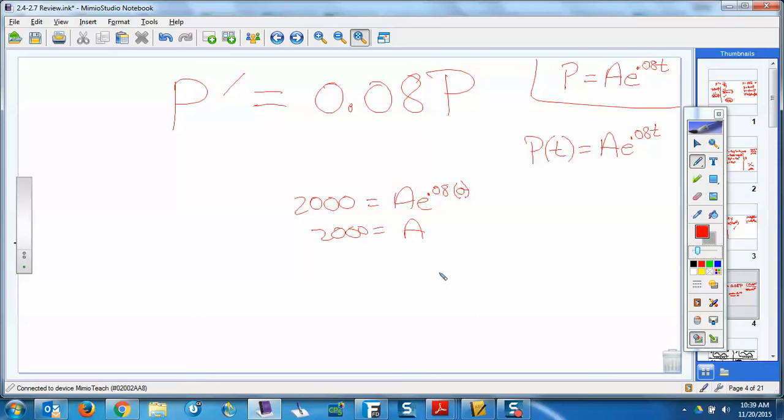So that problem I just was telling you, there'd be two ways to do it. You could go, okay, I put in 2,000 when the person is 10 years old, and you could solve for A that way, and then redo the equation and then put a 20 in, and you get the same answer. So it's up to you how you do that, right?